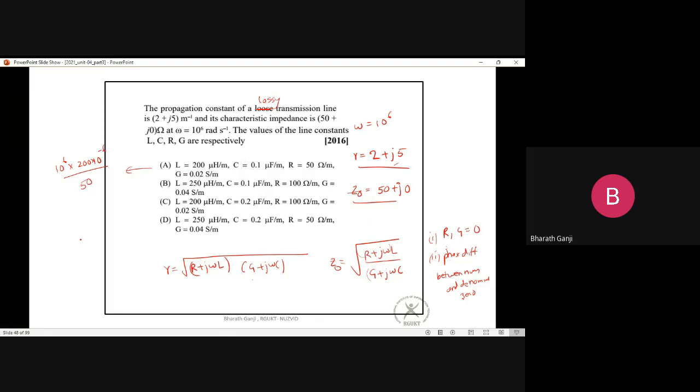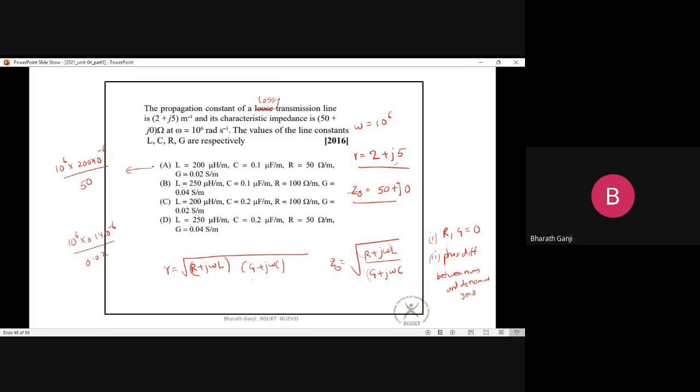Whereas for this j omega c, omega is 10 to the power of 6, c is 0.1 into 10 to the power of minus 6, divided by g, which is 0.02. So I can see that these two things will not be equal, because you're getting 2 by 5 here, and here there is a 1 by 2, so definitely this will not work.